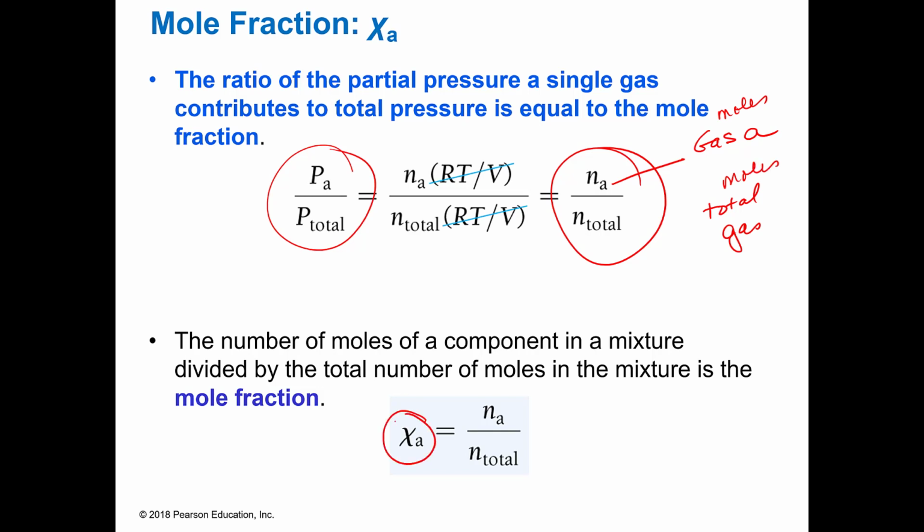The symbol for mole fraction is X sub A if it's gas A. If it was helium, it'd be X sub He equals n sub He divided by n total. We don't multiply it by 100, because with a fraction it's out of 1 instead of out of 100, so it'll be a decimal less than 1.